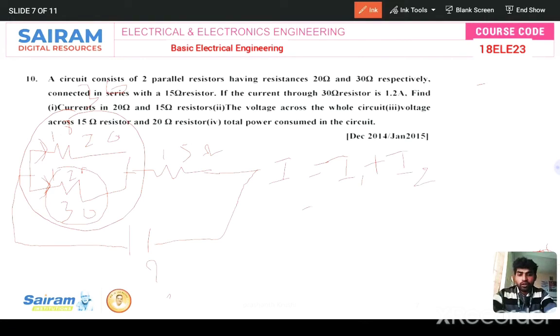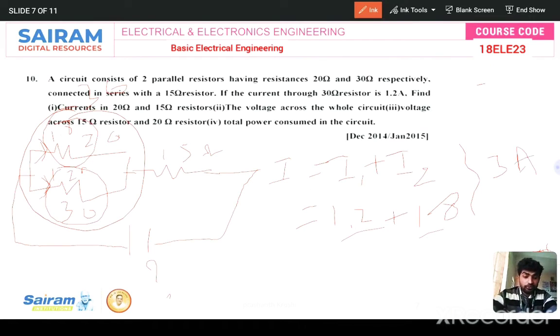I1 is 1.2 and I2 we calculated as 1.8 amps. So the total current is the addition of these two, 1.2 and 1.8, and you'll get 3 amps. Now we can calculate the voltage across the whole circuit.